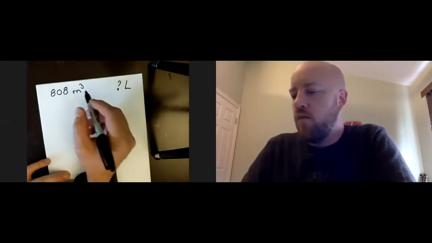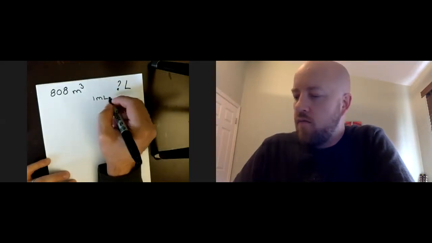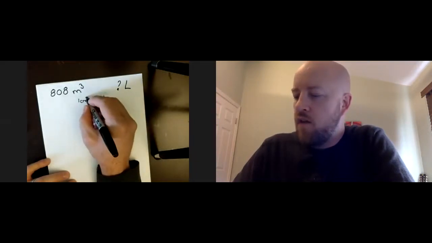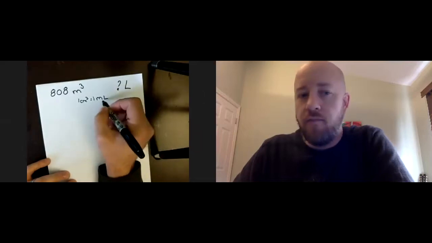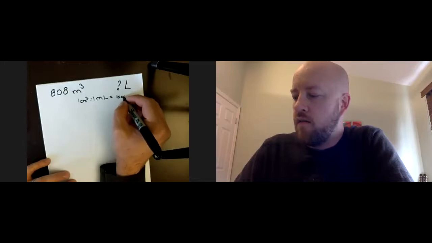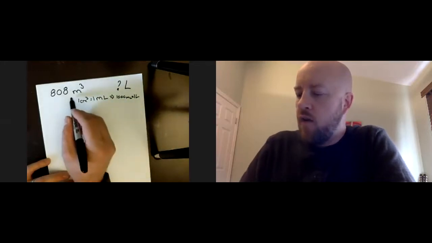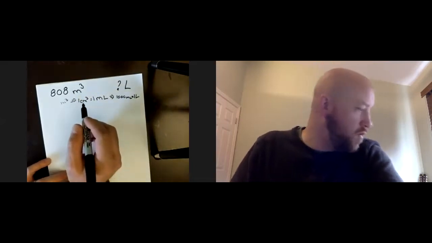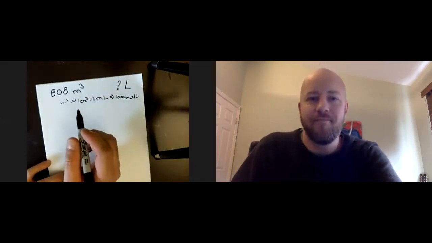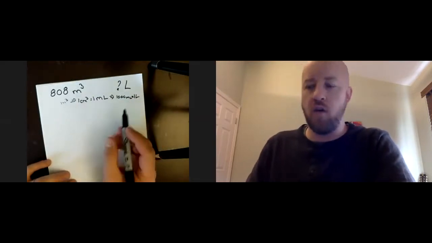I know that 1 centimeter cubed is 1 milliliter. And then I know that there are 1,000 milliliters in 1 liter. So I can go from meters cubed to centimeters cubed, and that's the order of operations that I'm going to end up going in.